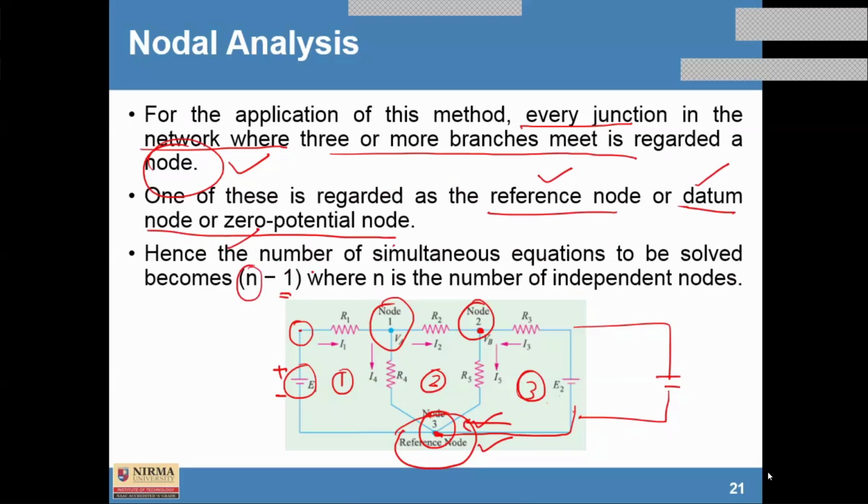So the number of simultaneous equations to be solved becomes n minus 1, where n is the number of independent nodes. Here node 1, node 2 and node 3 are noted as n minus 1 because we are going to subtract this reference node.